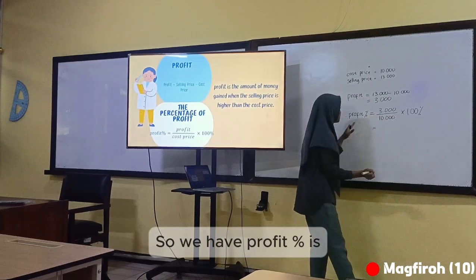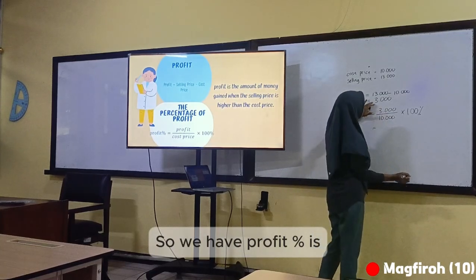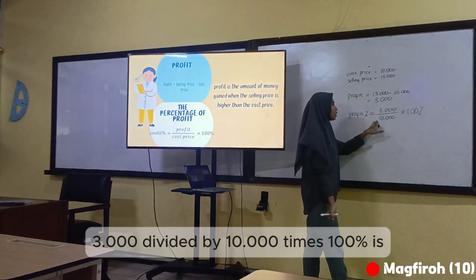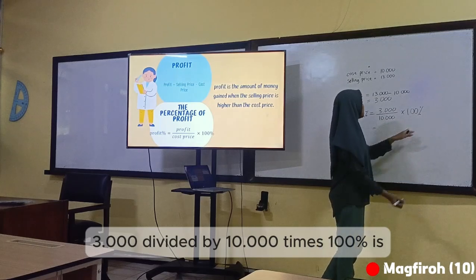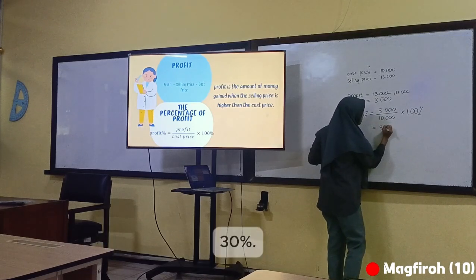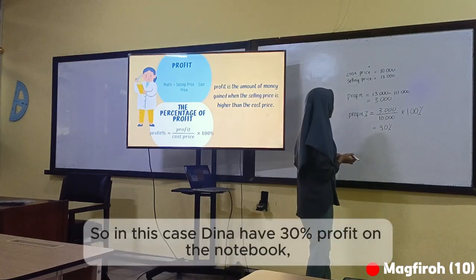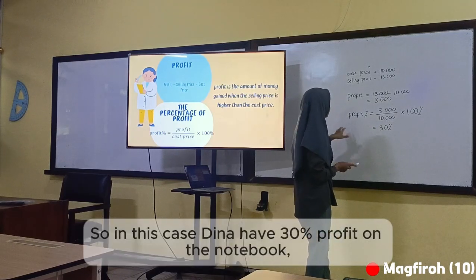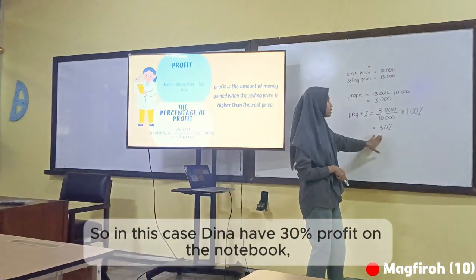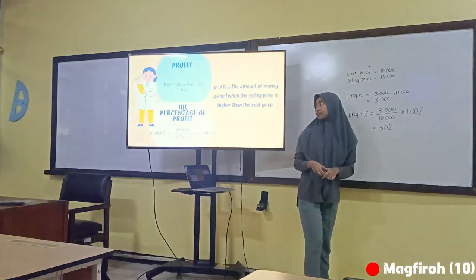So we have profit percent is 3,000 divided by 10,000 times 100%, which is 30%. So in this case, Dina has a 30% profit on the notebook.